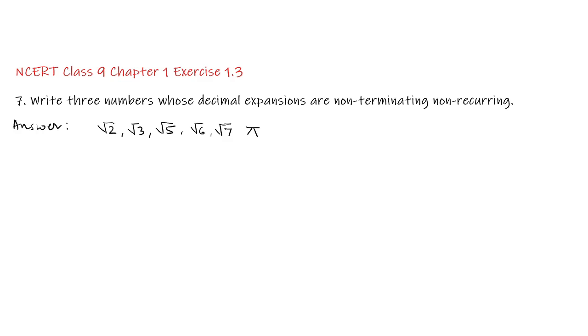Now we learn how to find the decimal expansions of root 2 or root 3 or root 5. So we learn this and we will find the decimal expansion up to 3 digits of root 2.